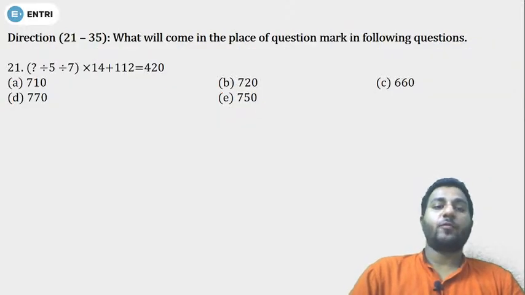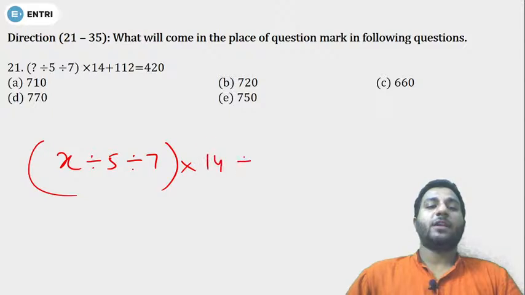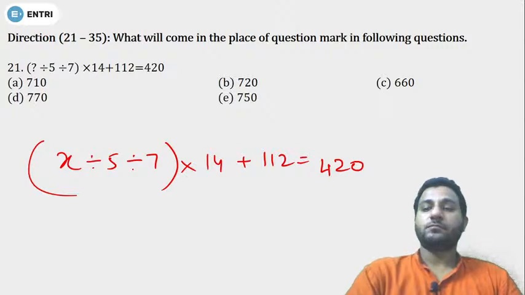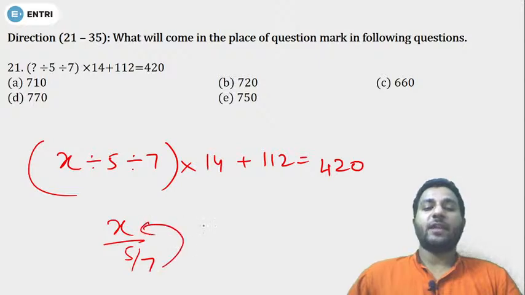Now let's focus on the next question and let's see how it goes. So x divided by 5 divided by 7 multiplies by 14 plus 112 equals to 420. Now tell me how you are going to solve this question. Now let's sort out. Look at this. You can always find out x divided by 5 divided by 7, which means 7x.